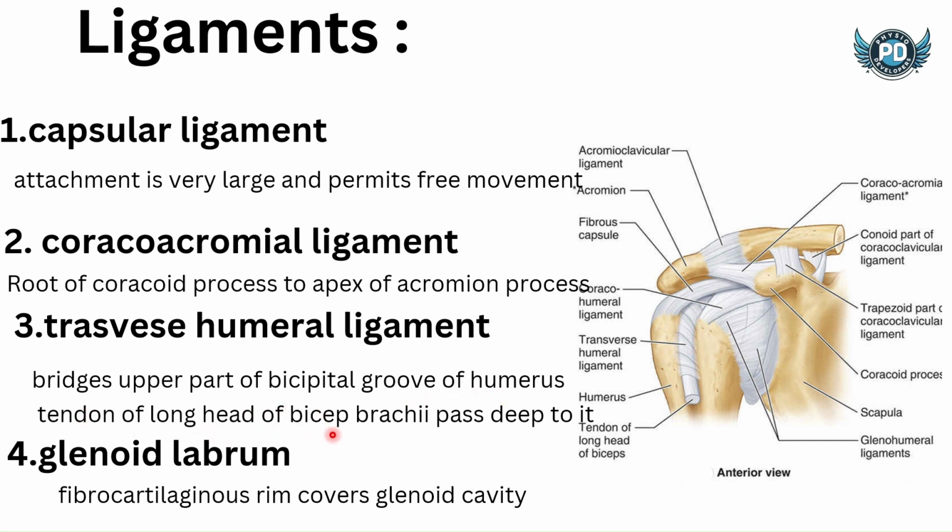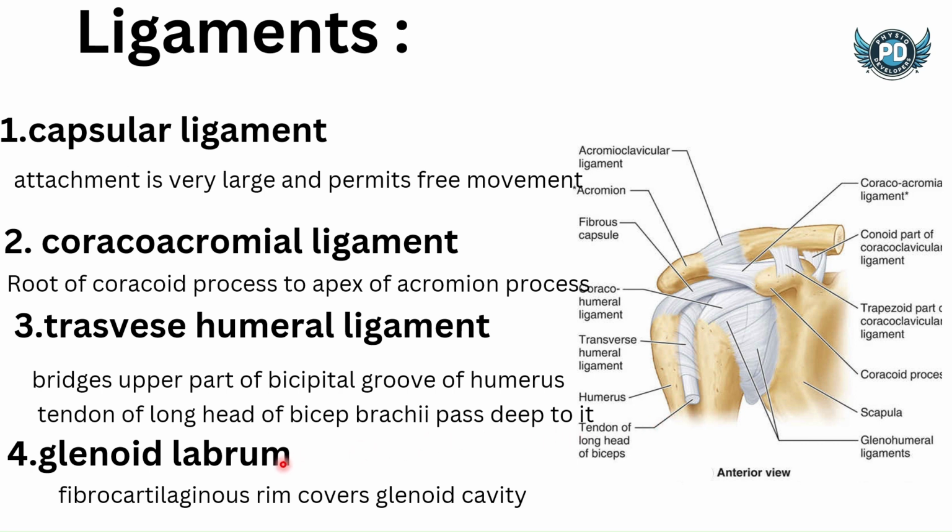Tendon of long head of biceps brachii passes deep to it. This is the bicipital groove. This is the lesser tubercle. This is the greater tubercle. It bridges over the bicipital groove. Beneath the ligament, long head of the biceps passes. This is about transverse humeral ligament.